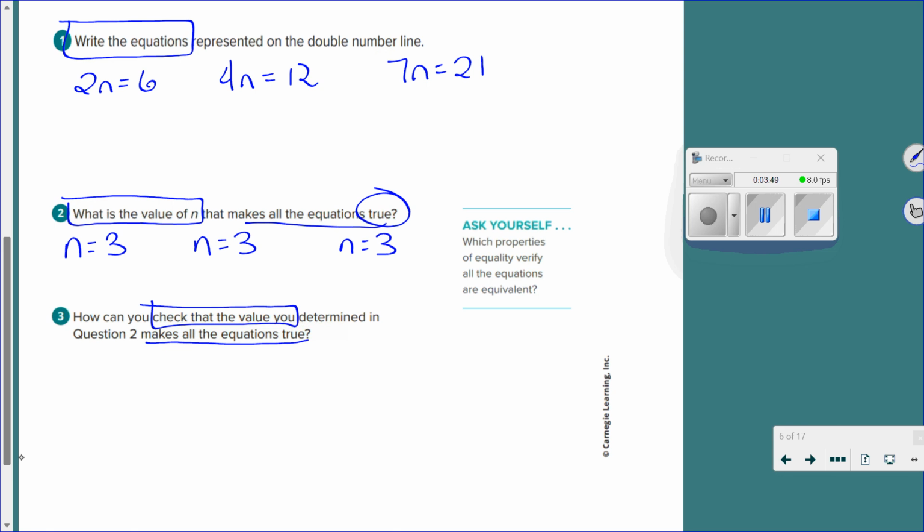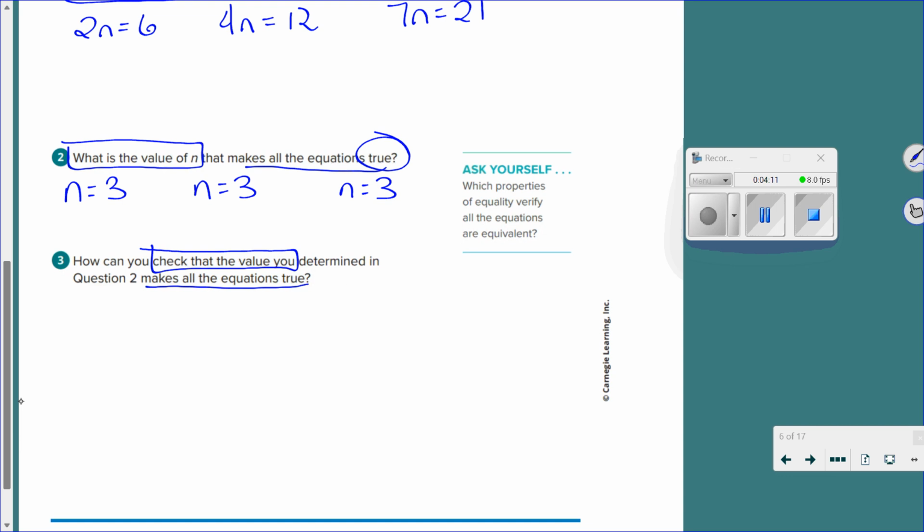Remember when we talked about it last week, I told you that if they're all in the same double number line, the value for the variable has to be the same. It cannot be different. So did we get the same variable for each equation? Yes, we got 3 for each one. Now we can check our answers.